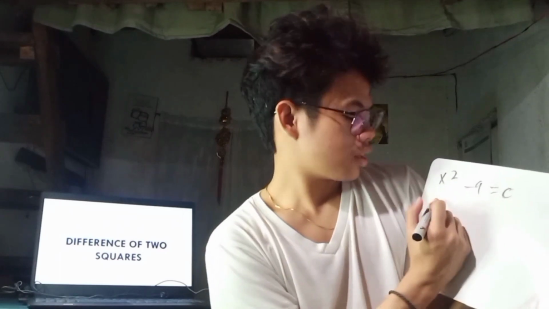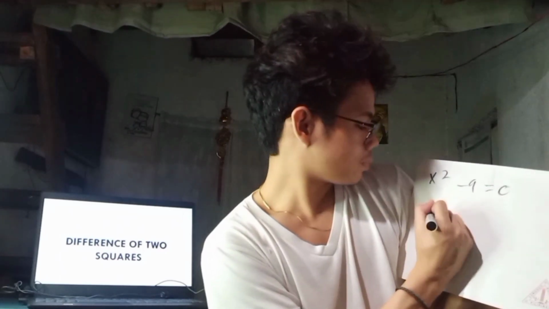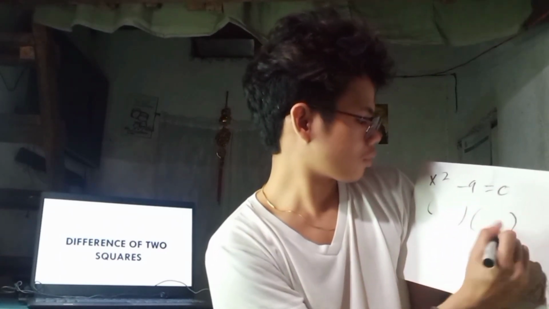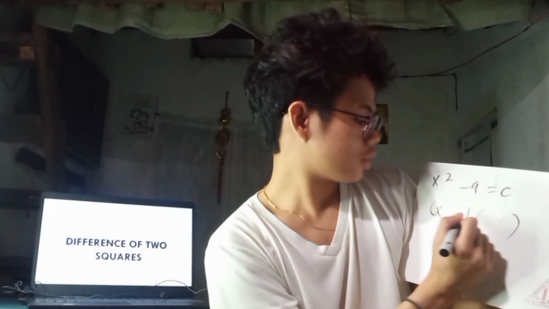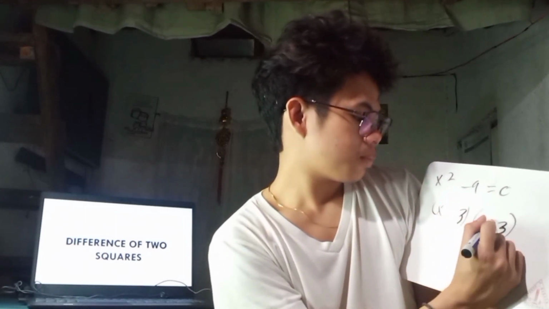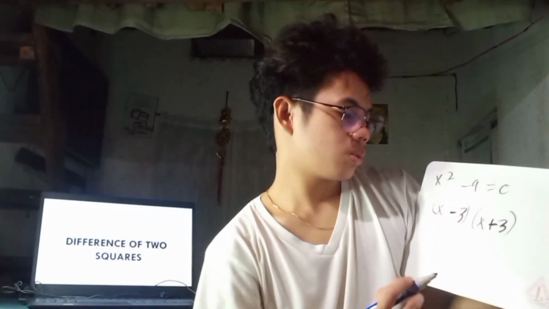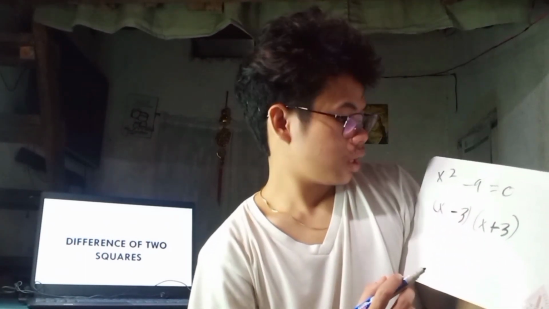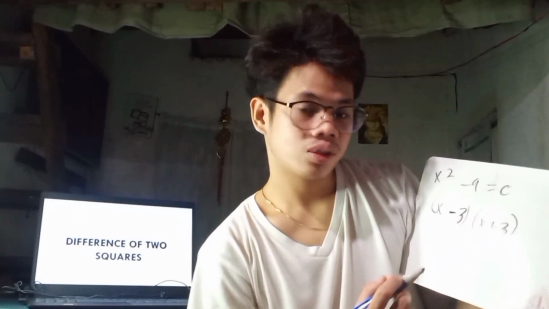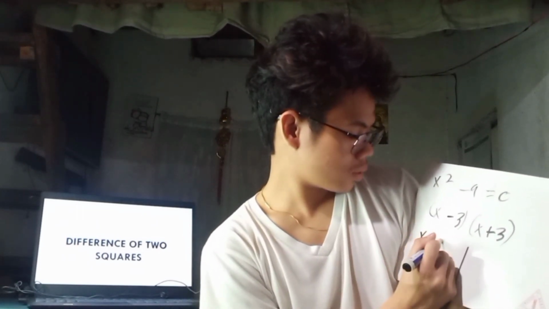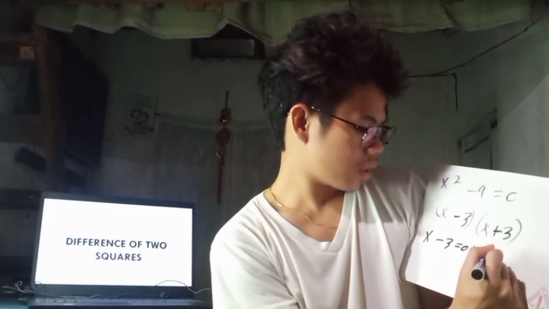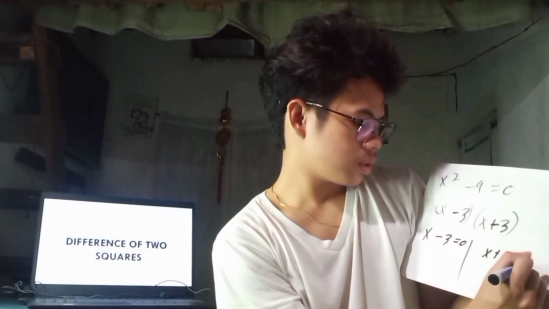So let's find the factors of it. So the factor of x squared, and the factor of 9, will become 3 times 3. Positive and negative. So we have to equate every factor to 0. So for our x sub 1, x minus 3 equal to 0, x plus 3 equal to 0.